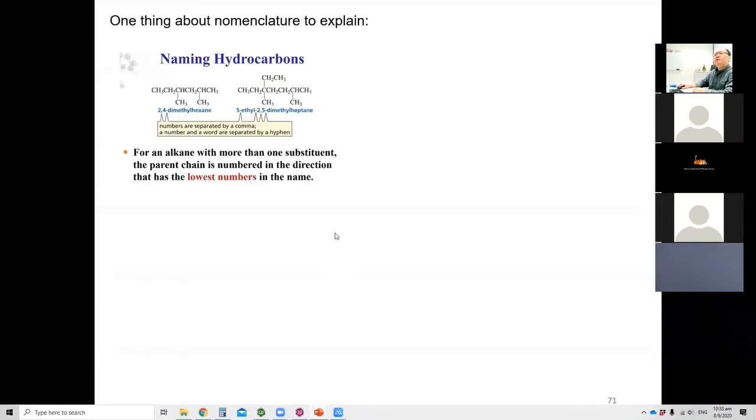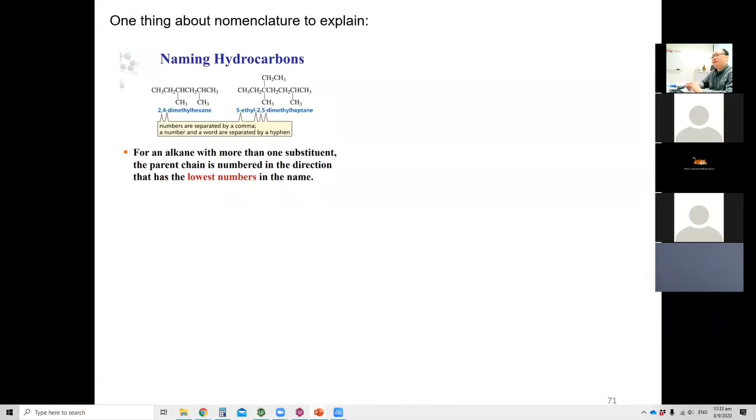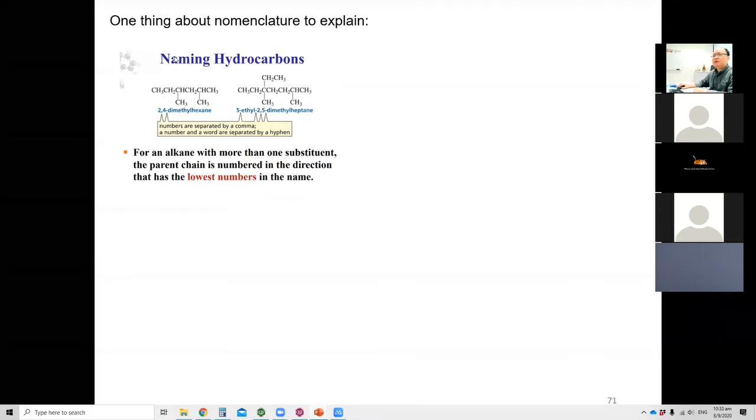Another thing I want to talk about before we start class today is that one of you asked a very good question about nomenclature, and I want to explain it a little bit. In Professor Chew's video, when you encounter multi-substituent alkanes, with more than one substituent, the parent chain is numbered in the direction that has the lowest numbers in the name.